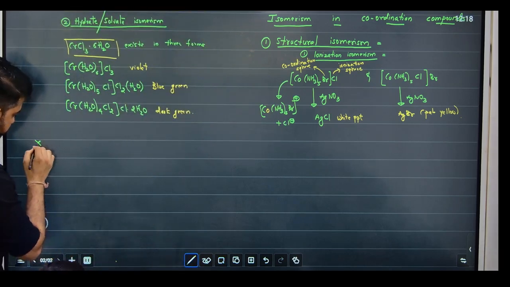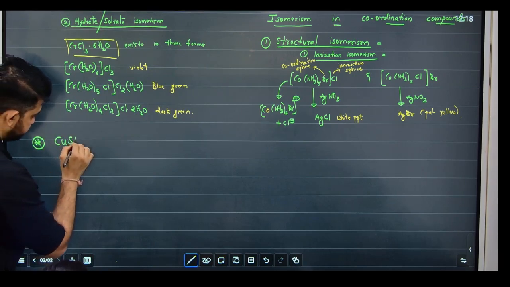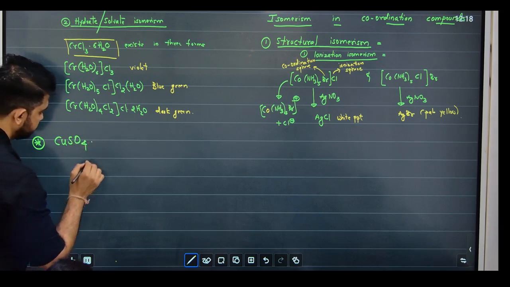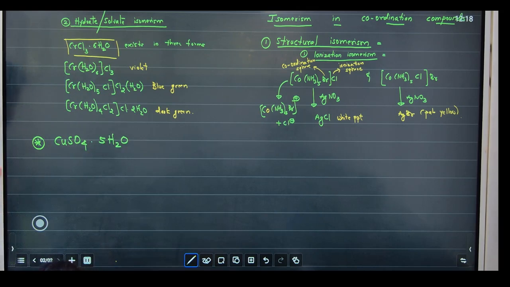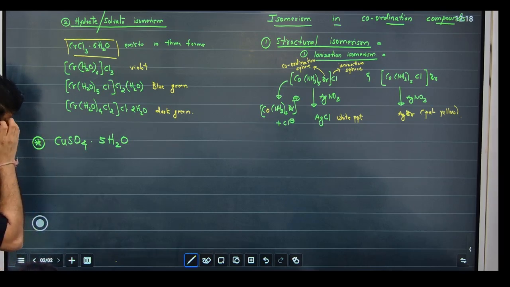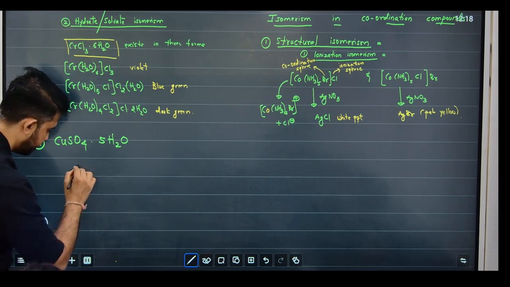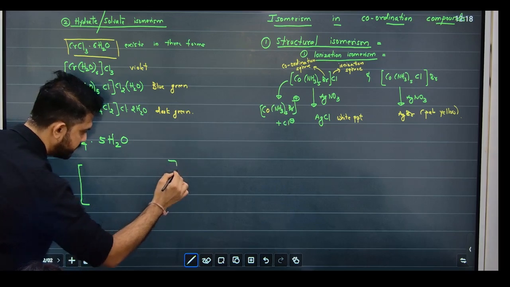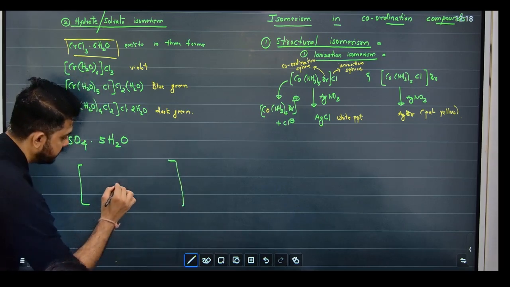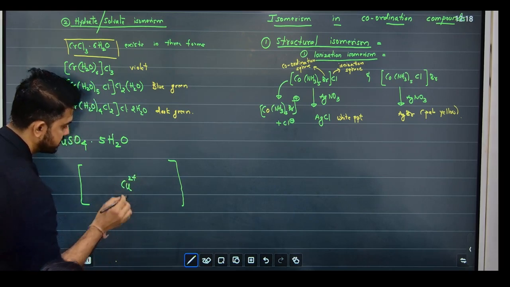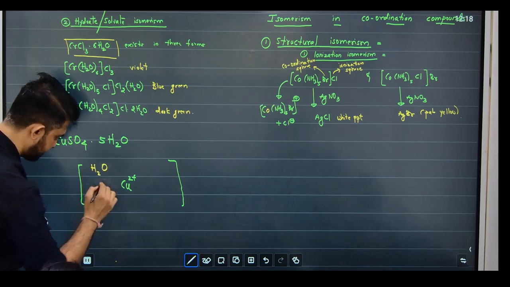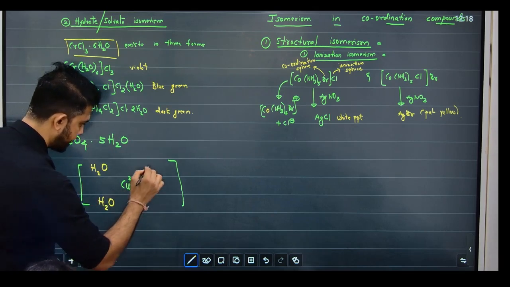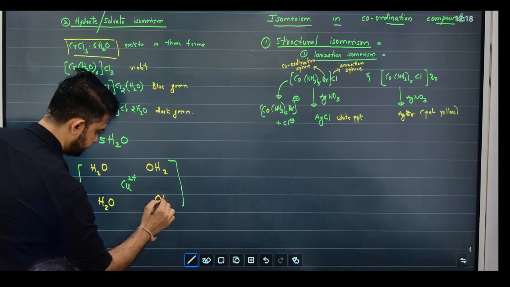For example, look at this particular specific example. क्या बोलते हैं इसको? CuSO4.5H2O, blue vitriol. Now इसका structure, anyone remembers we did this 11th standard? So this is your central metal Cu2 plus. Next we have H2O here.